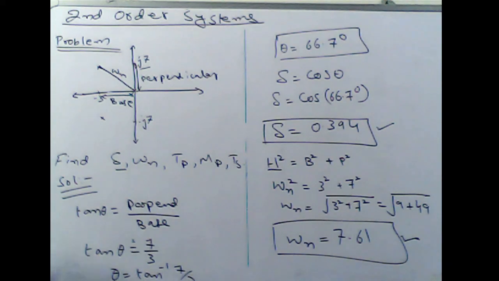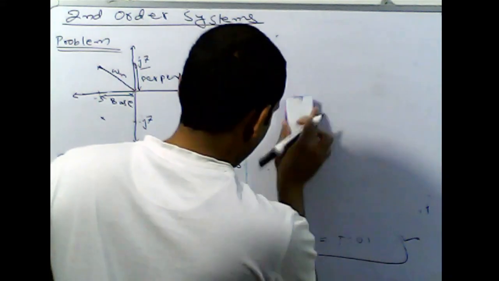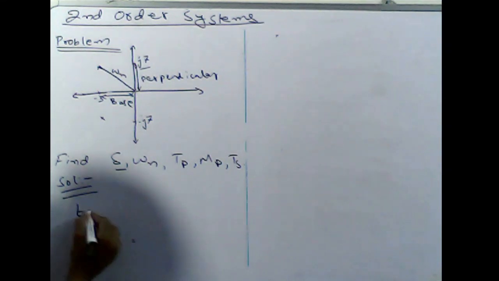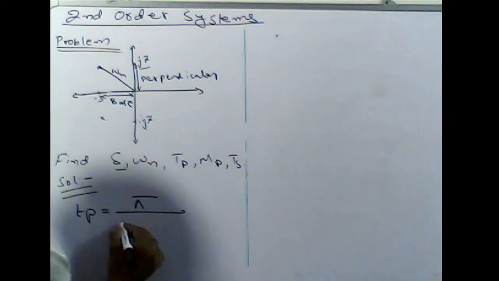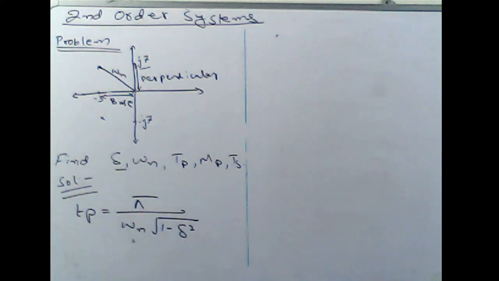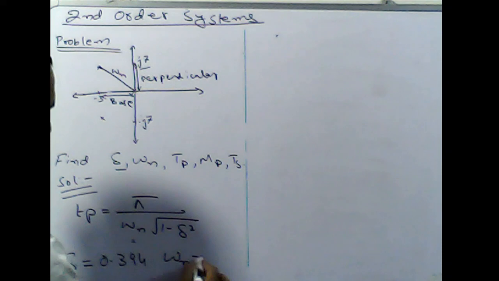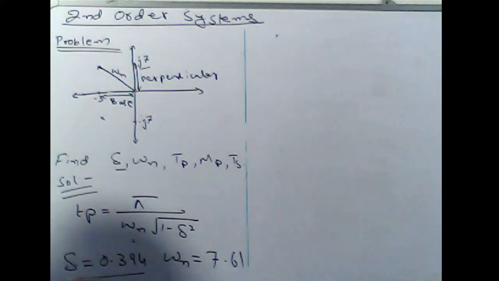We know that Tp is equal to pi upon omega n under root 1 minus zeta square, where zeta is equal to 0.394 and omega n is equal to 7.61.